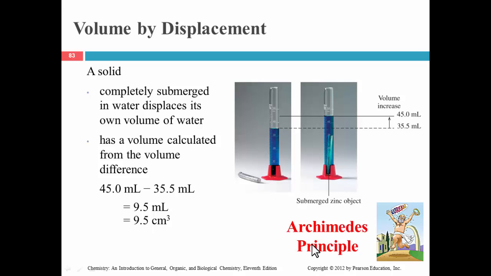This is sometimes known as the Archimedes principle because of a myth regarding the ancient figure of Archimedes. He was apparently asked by a king to prove that a gold crown was made of solid gold and not gold mixed with other less precious metals.